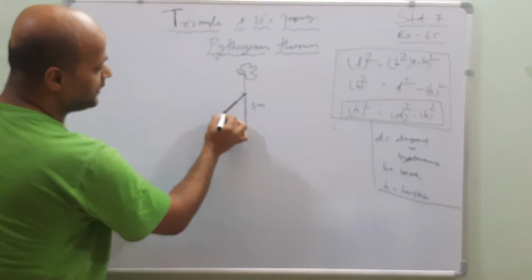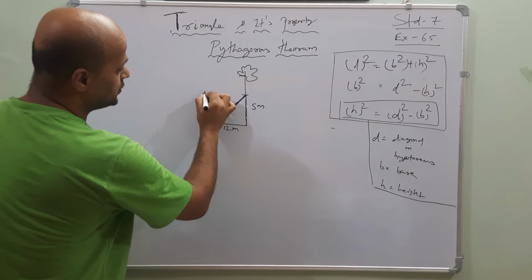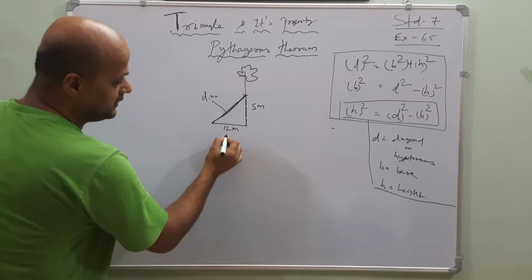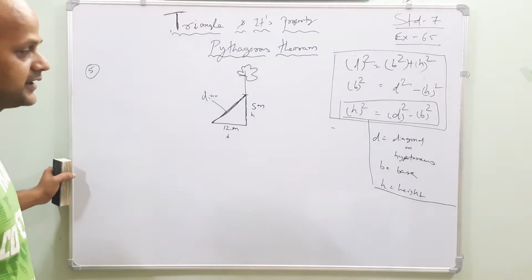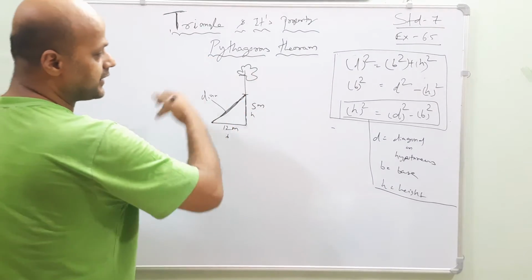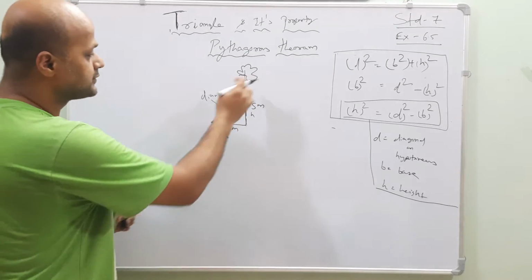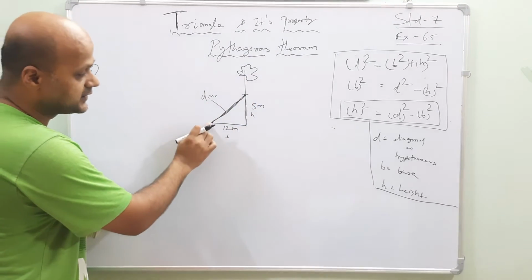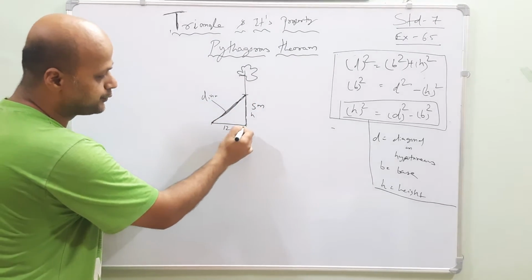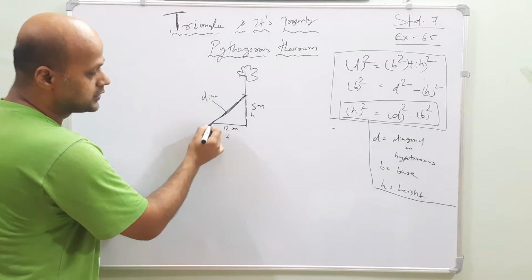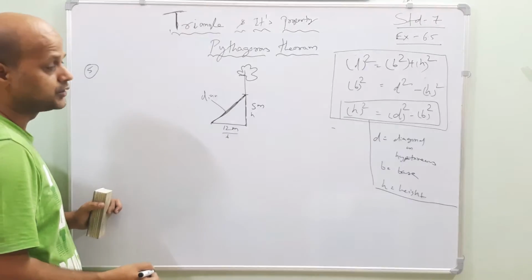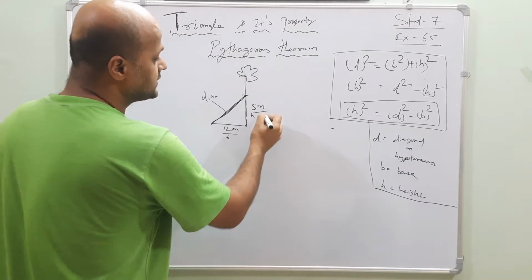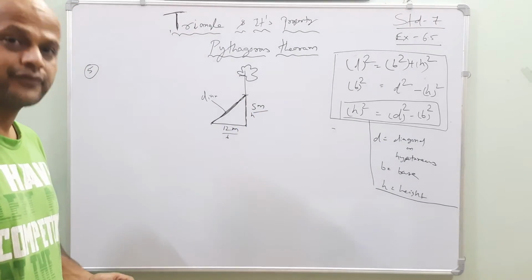Now here it forms a triangle. So this is the diagonal, here is the base, and this one is the height. Understood now, my dear friends? The broken part behaves as the diagonal. The distance from the foot of the tree to where it touches the ground is coming as the base, and the height will be where it broke, at 5 meter of the length.